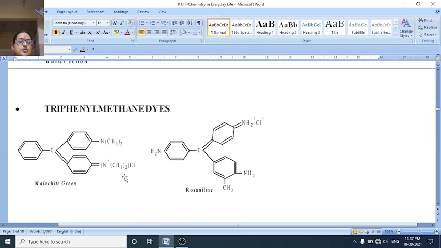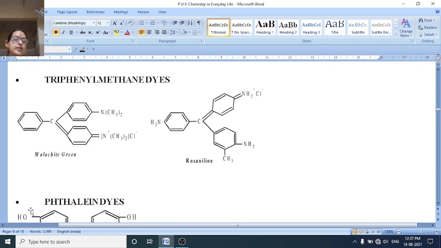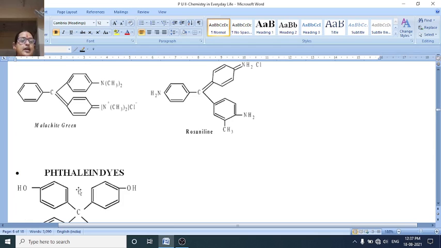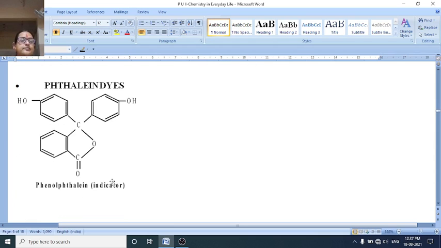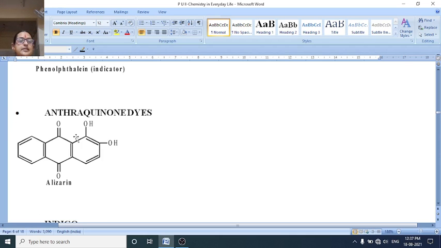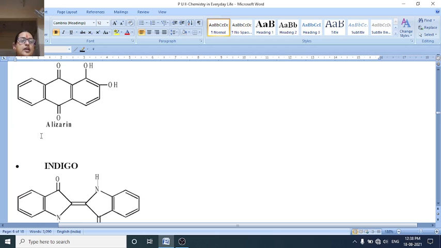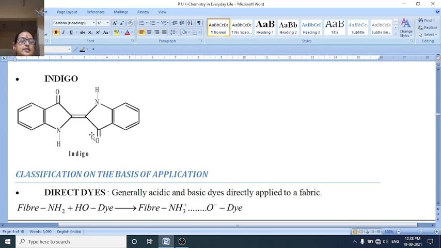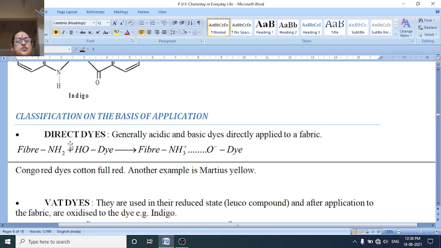These are the structures of it. Triphenylmethane dyes, then phthalein dyes, phenolphthalein indicator, indigo.